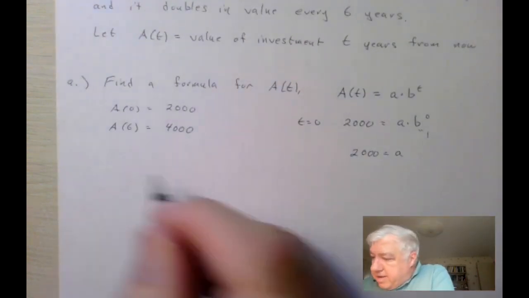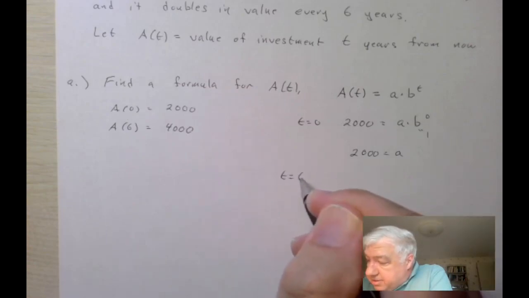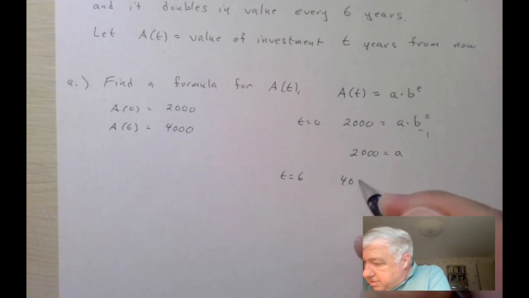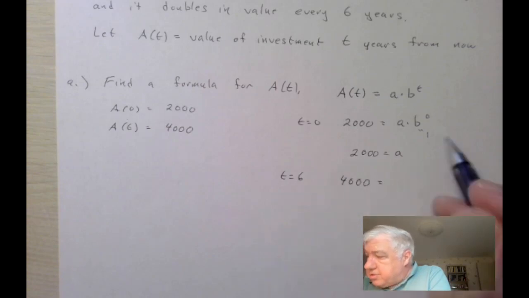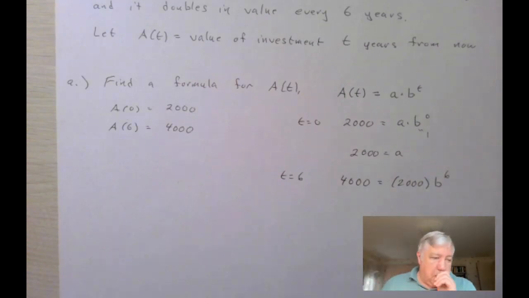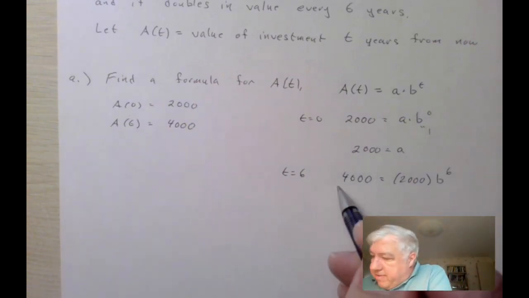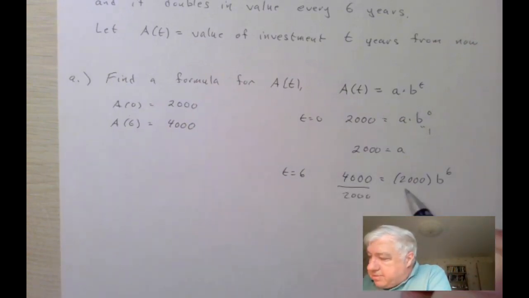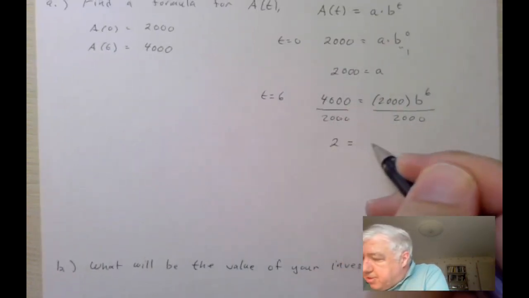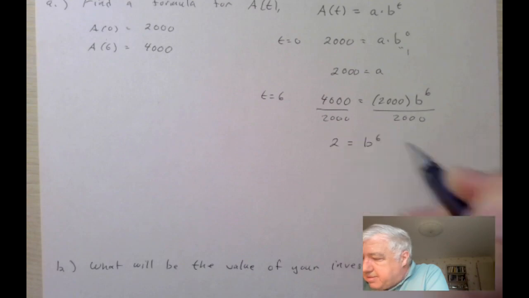And then when t equals 6, we get 4,000 equals a, which we now know is 2,000, times b to the 6th. Well, we can divide both sides by 2,000. So these cancel, and this becomes 2, and this becomes b to the 6th.